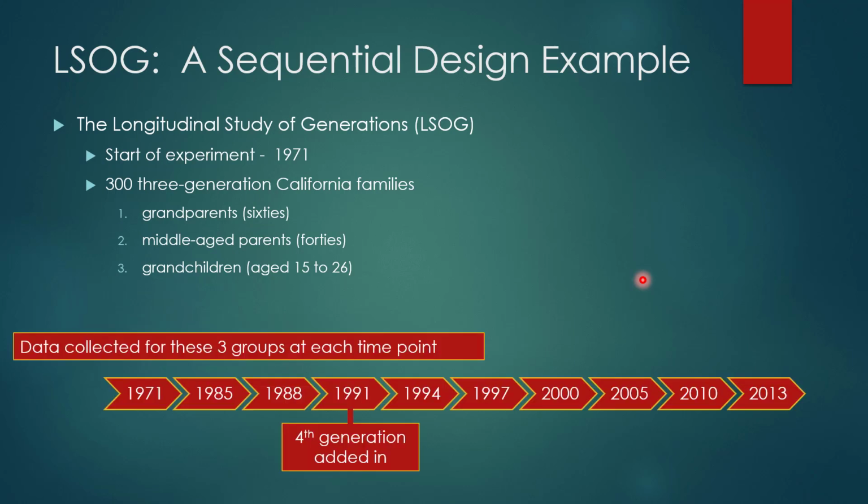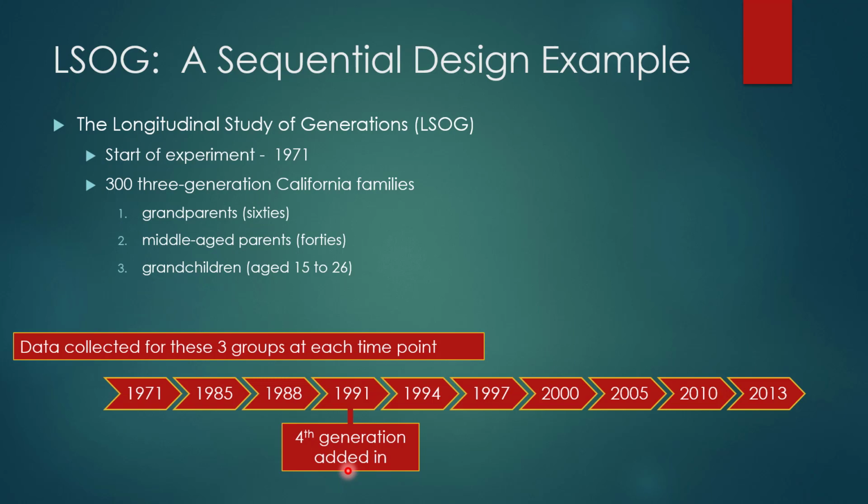So basically what they did is for these 3 groups, they collected data at each of these time points from 1971 to 2013. Some of them are evenly spaced out, some of them not so much. And basically, then they also added in a fourth generation in 1991.